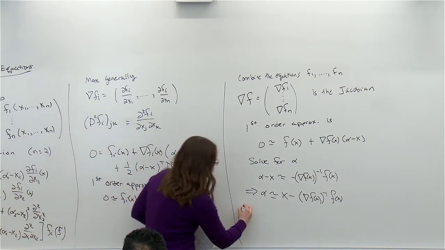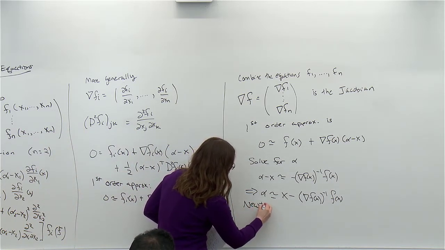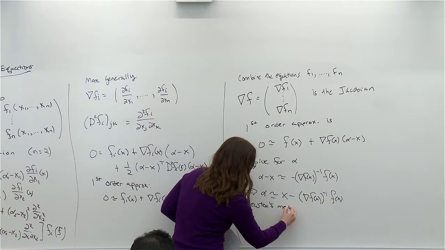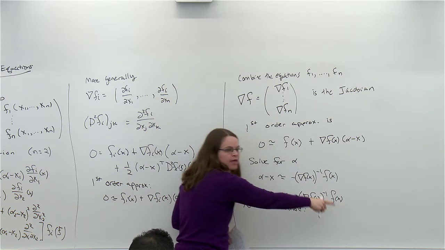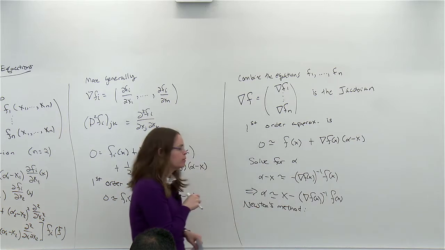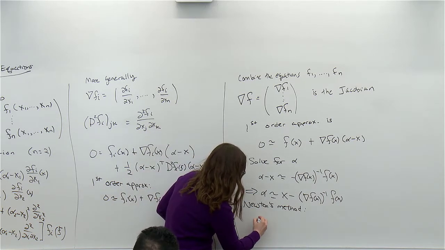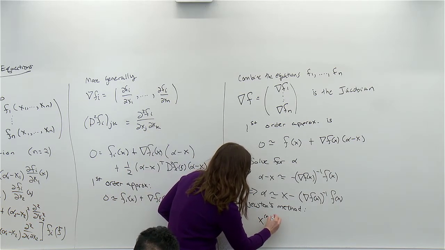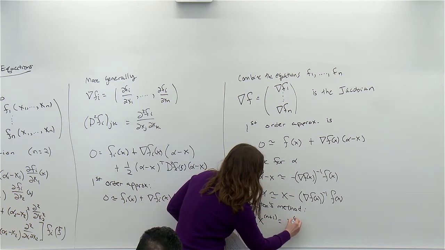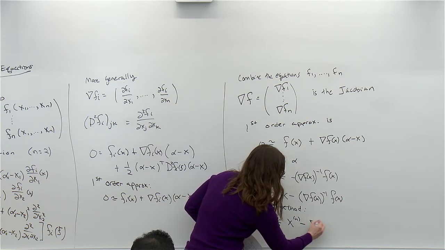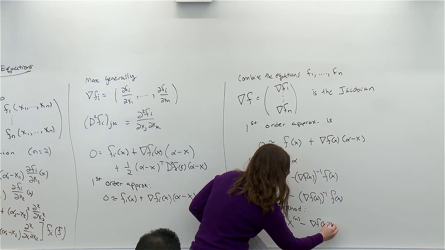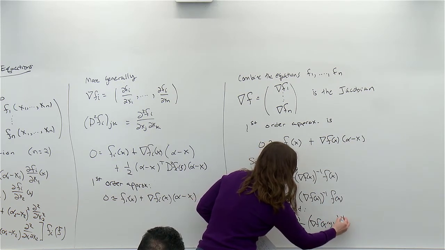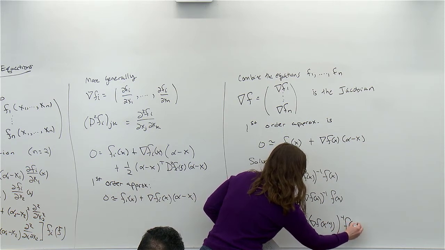So Newton's method now becomes, we take a guess at x, we plug it in here, and that spits out a new guess at what our root should be. So x n plus 1 equals x n minus the Jacobian of my old guess inverse times f of x n.